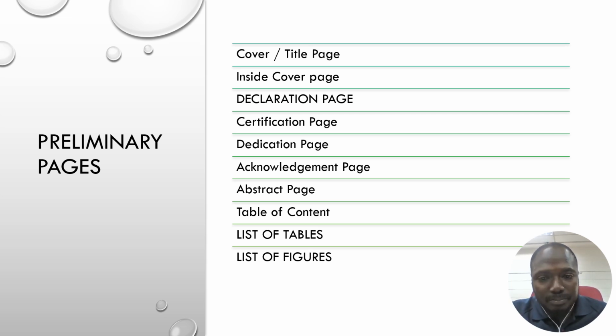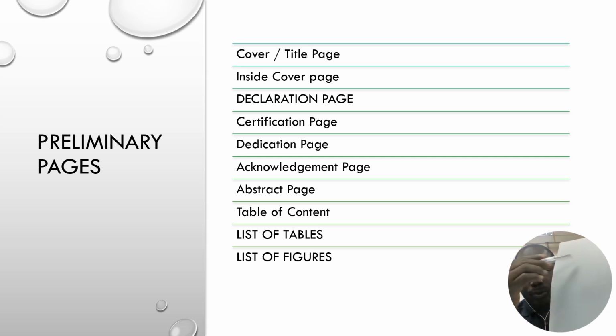Then the acknowledgement page, which is supposed not to exceed a third of a page. So assuming this is a full page, you divide it into 3 equally: 1, 2, 3. So your acknowledgement shall not exceed 1 and 2 of that page.